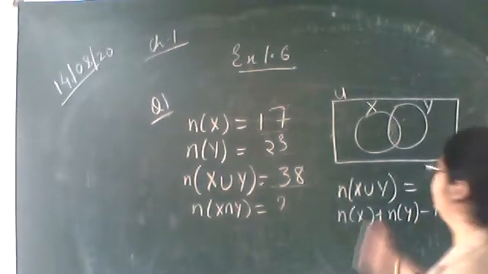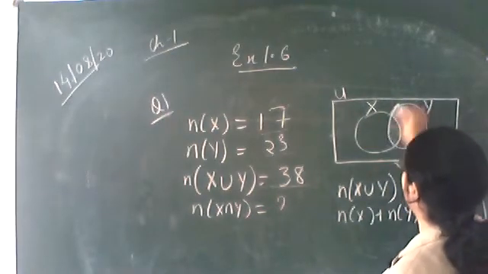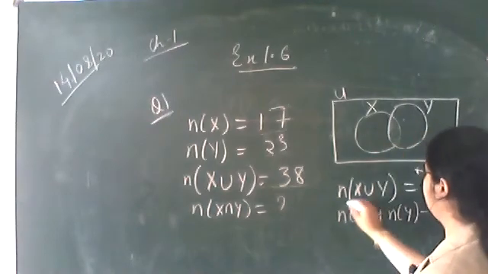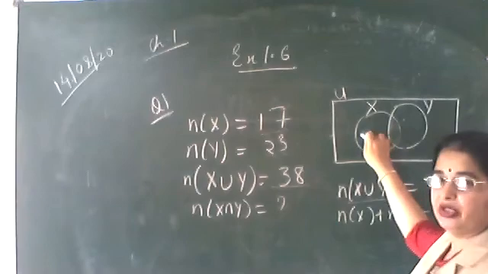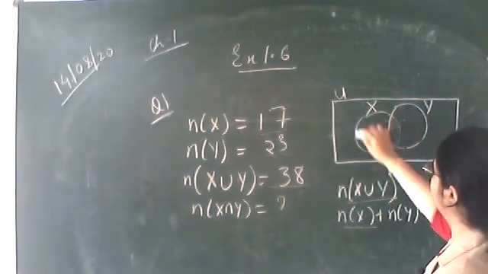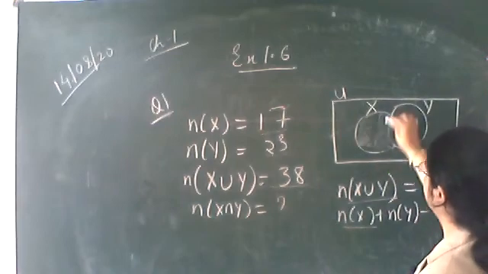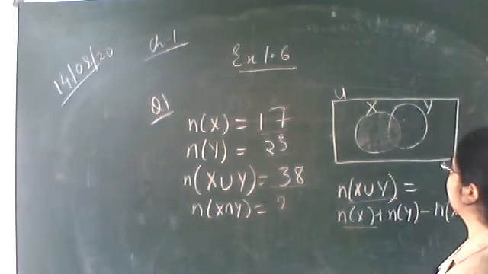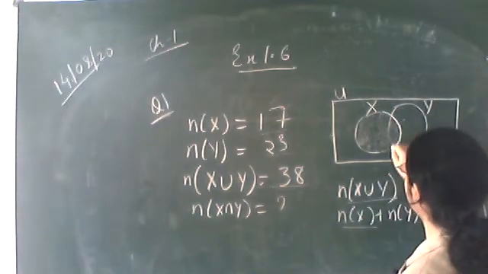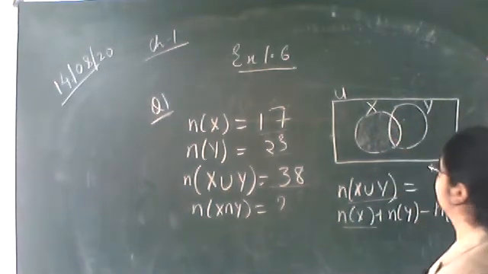Again I am telling you, x union y means all the elements of x and all the elements of y. n(x) means all these elements, the shaded part. This common part has come in x.